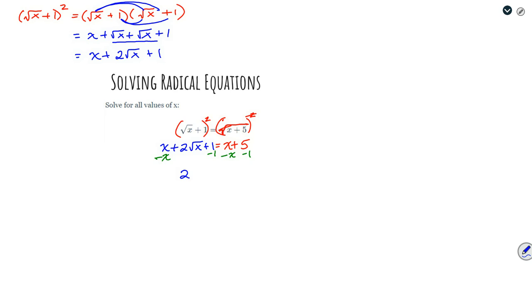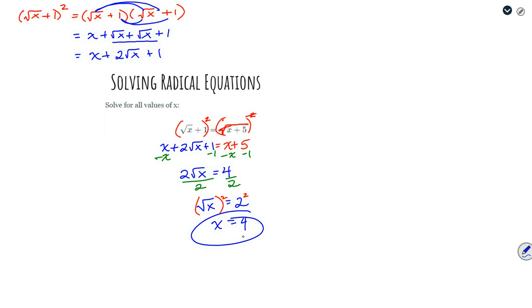So now I have 2 square root of x equals, x minus x is 0, 5 minus 1 is 4. Still have to isolate the radical. The radical is being multiplied by 2, so I'm going to divide both sides by 2. Square root of x now equals 2. Now I can square both sides. x will be 4.